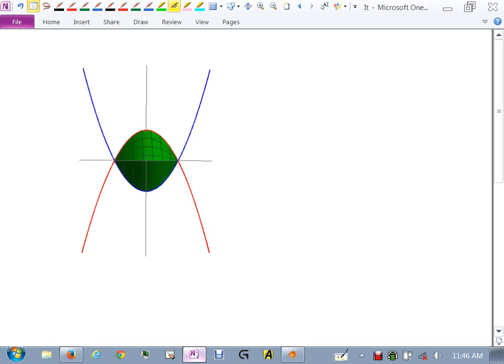Okay, so there's my region, right? Forget that there's all these little cross-section things in there. But I'm going to take an arbitrary rectangle in here. Okay, so I'm going to take this arbitrary rectangle right here.